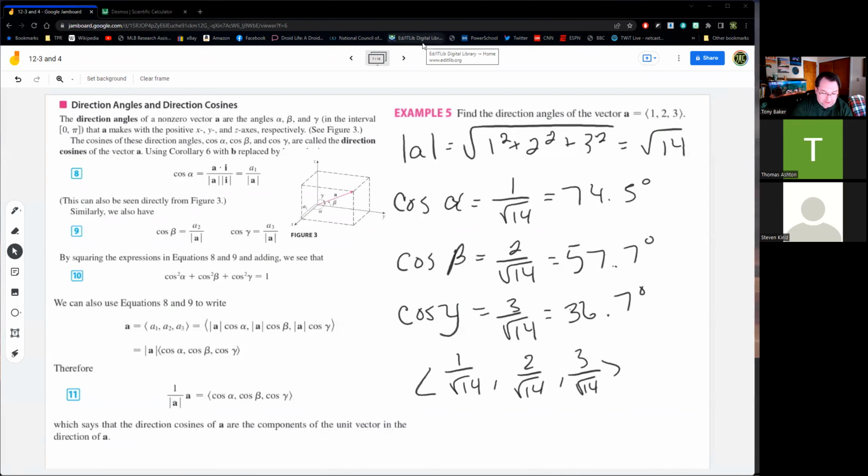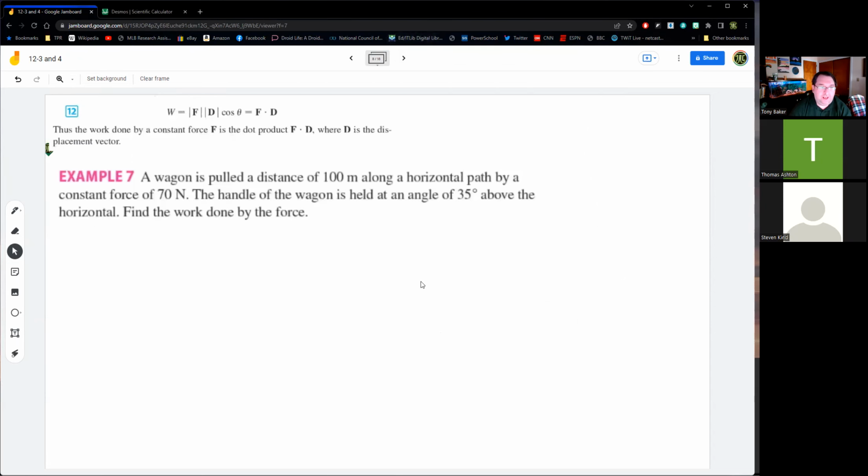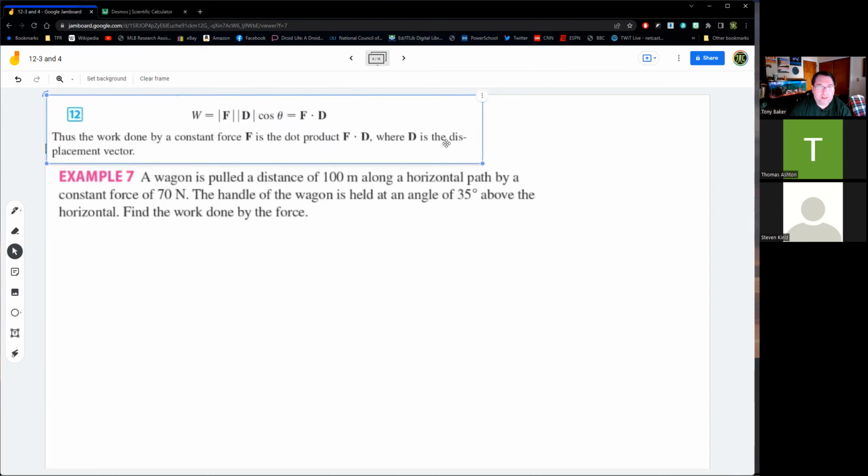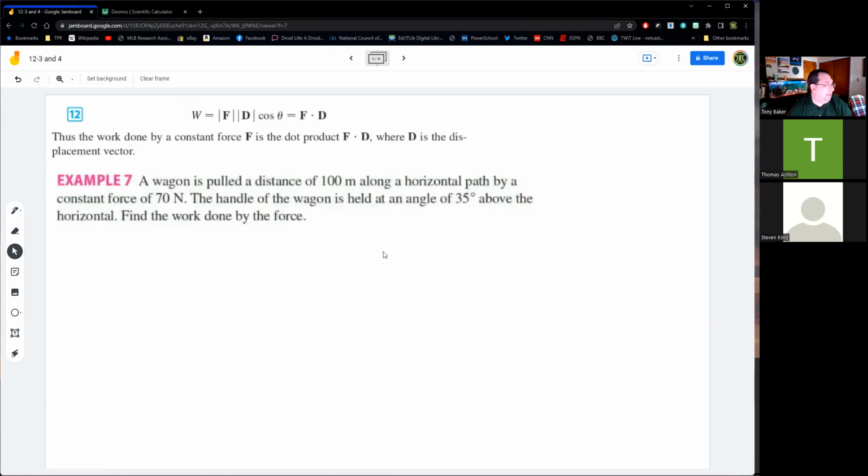All right, so let's actually do a physics problem. Let's find the work done. When we're looking at this example, I'll give you the picture of it so you can see that too.